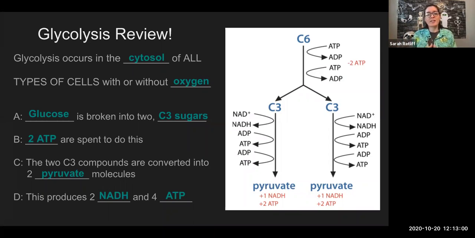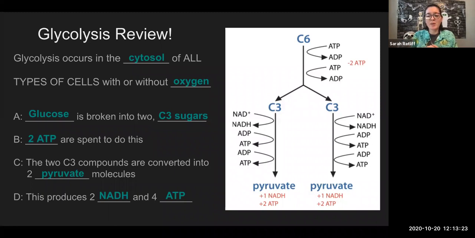After that C6 is split into 2 3-carbon molecules, they're going to get rearranged. So we're not adding or removing anything. We're just switching some atoms around in this molecule to create a new thing called pyruvate. During this rearrangement process, we're creating also some NADH, which is an electron carrier, and some ATP.